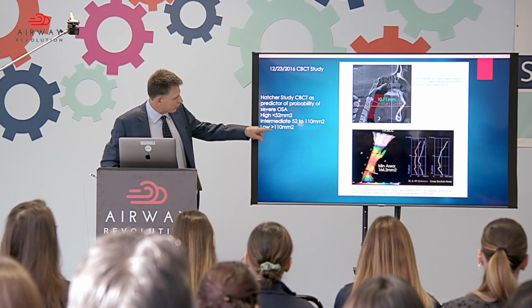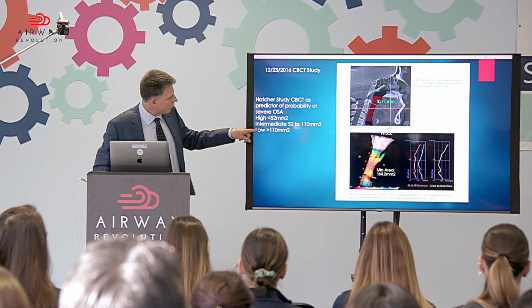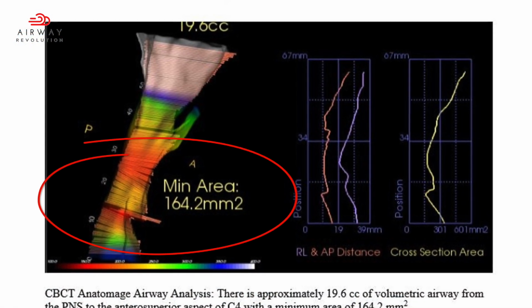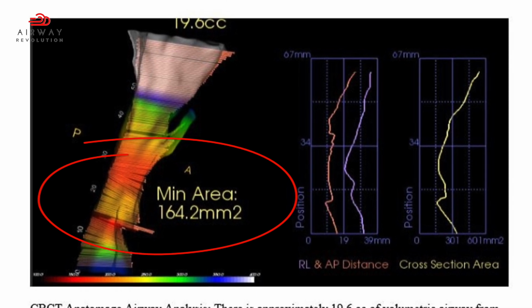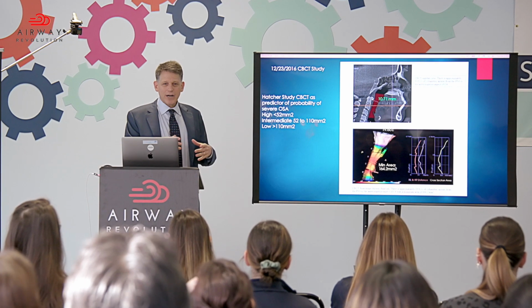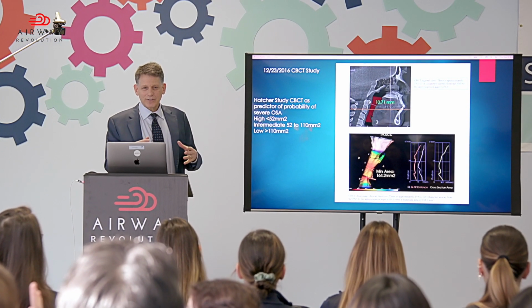She has, based upon that number, a low risk, because she's greater than 110. She has a low risk of having severe obstructive sleep apnea. Christian Guilleminault, who came up with mild, moderate, and severe in the latter days of his life, he died last year, said it was the worst thing he ever did. He should never have given mild, moderate, and severe.